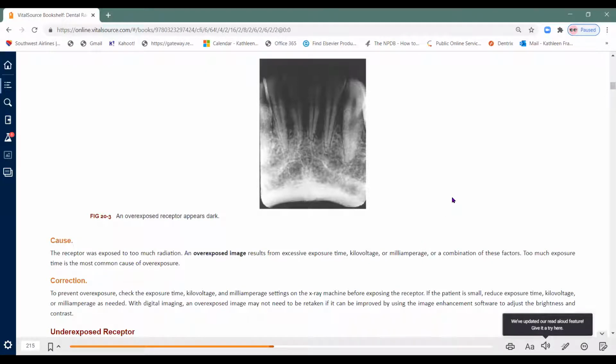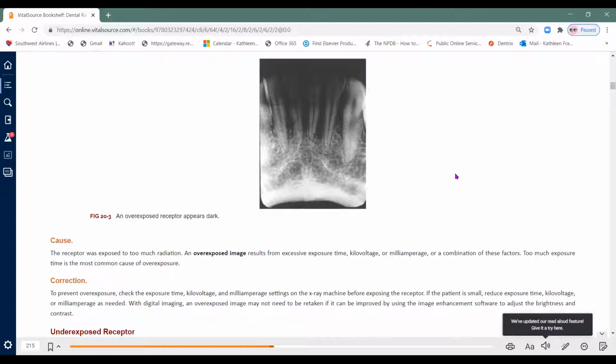So before you take every x-ray, make sure that the control panel is set properly. When we talked about the control panel, there's a little diagram that shows you which teeth you're exposing. Make sure that you check it before every exposure.